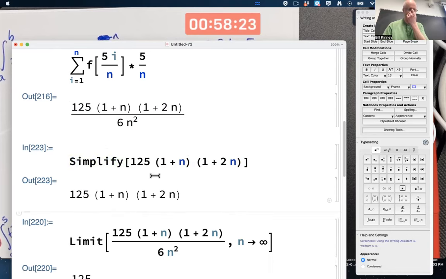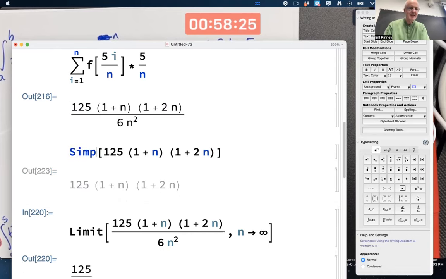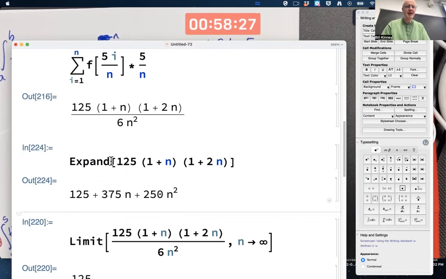It's a rational function of n where the top is 125 plus 375n plus 250 n squared, and the bottom is 6n squared. As n goes to infinity, you know back from chapter 1 that the limit is going to be the ratio of the coefficients of the highest powers, when the degree of the top and the bottom are the same. 250 over 6 is 125 over 3.